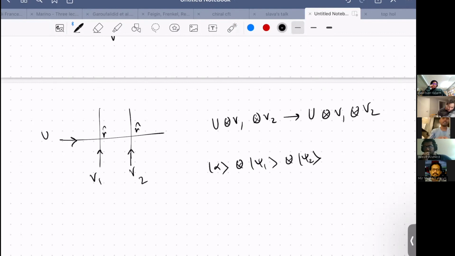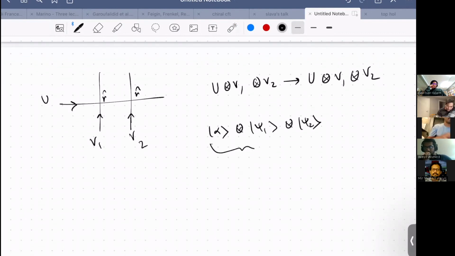The first R hat will act here and give you some linear combination of things, suppose beta i tensor chi 1j, with some coefficients.